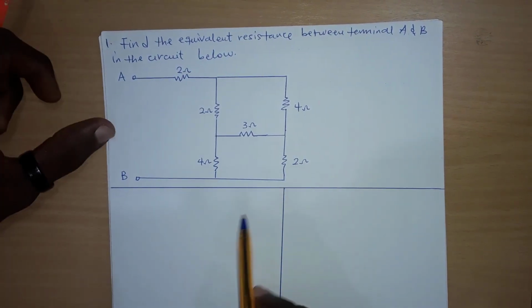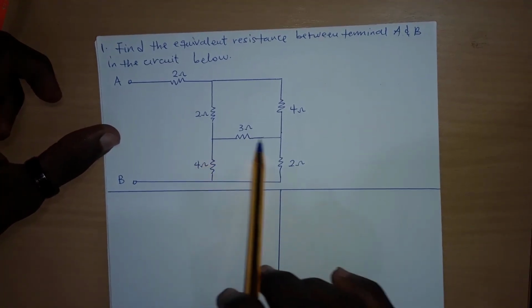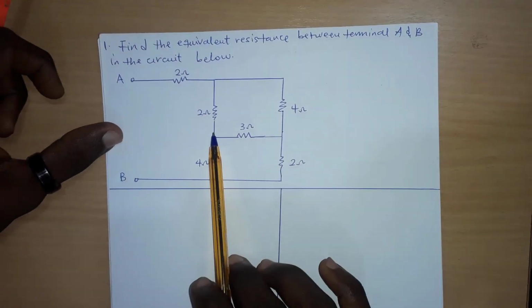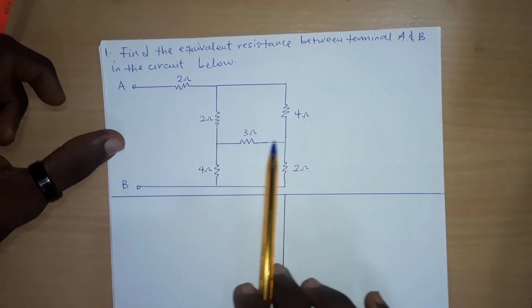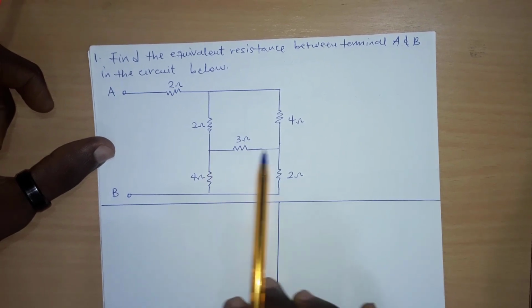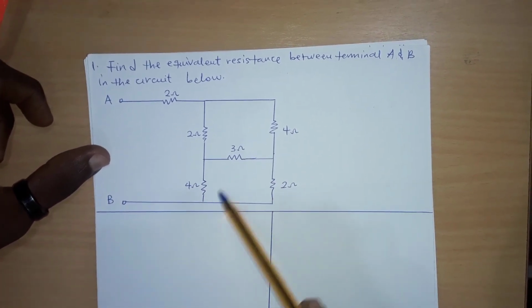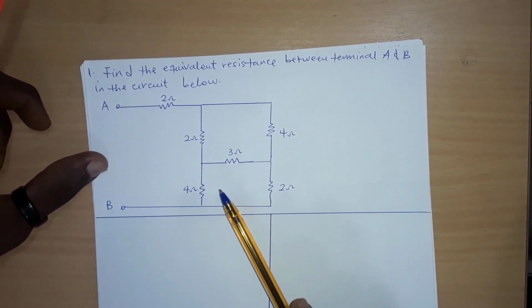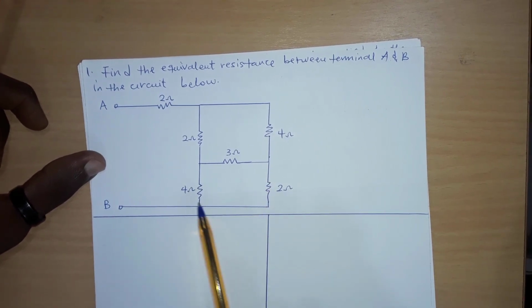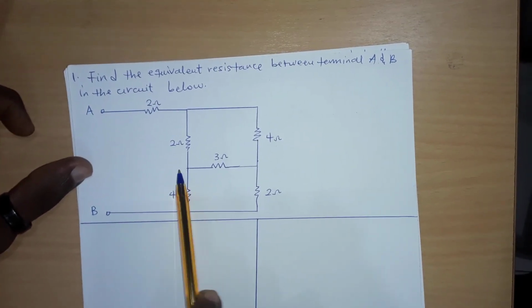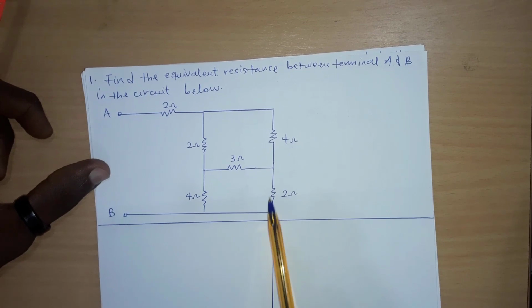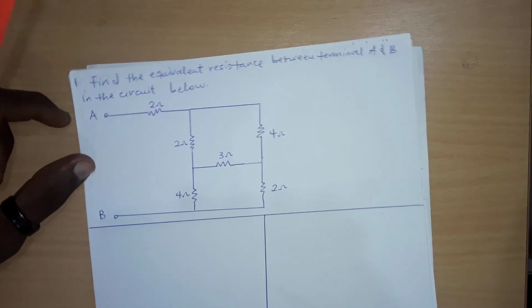But we can see that this is a delta. This loop is a delta, and we have another delta here because the resistors are connected end to end to form this. So you can see 4 is connected here, 3 is also connected here, and this 2 is also connected here.